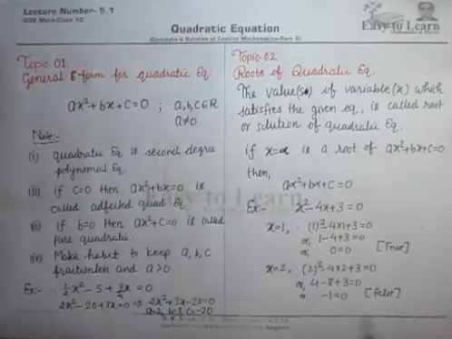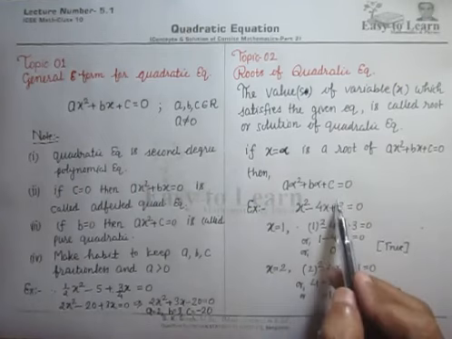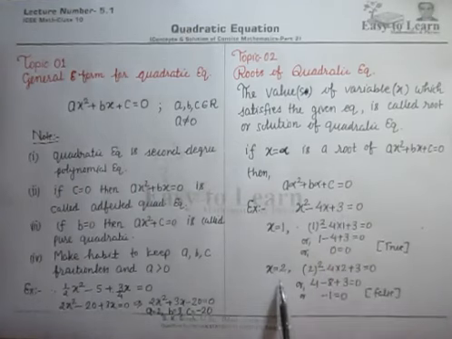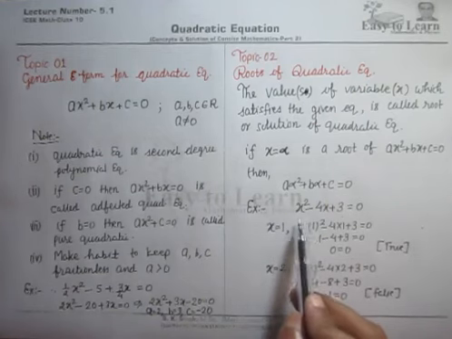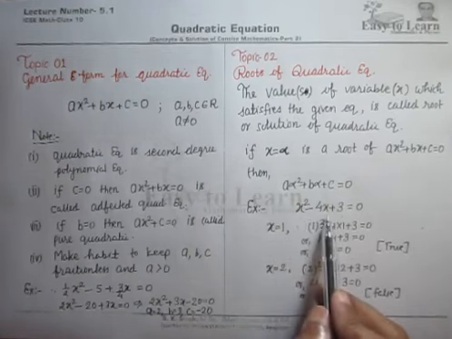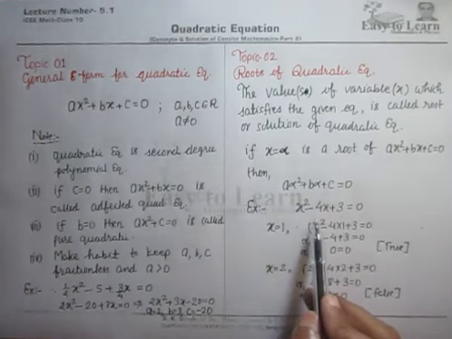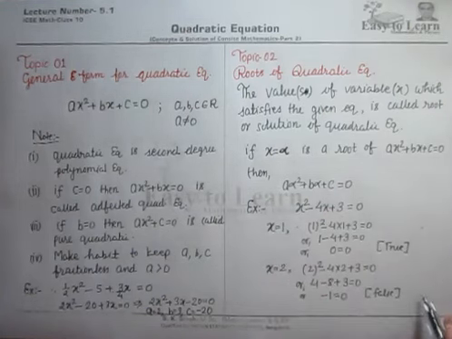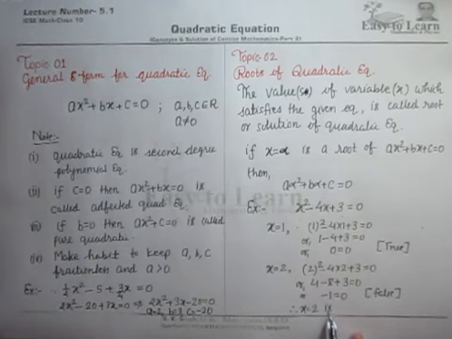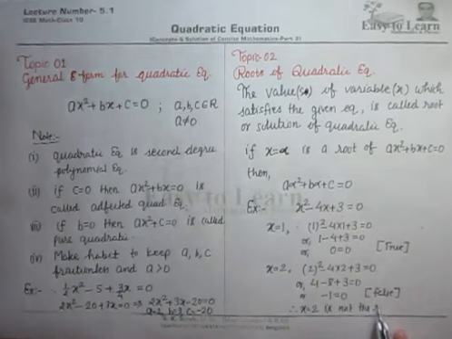It means this value of x does not satisfy the given equation. Therefore this is not a root of the quadratic equation. But x equal to 1 satisfies this equation, so it is one of the roots. So x equal to 2 is not a root of the given equation.